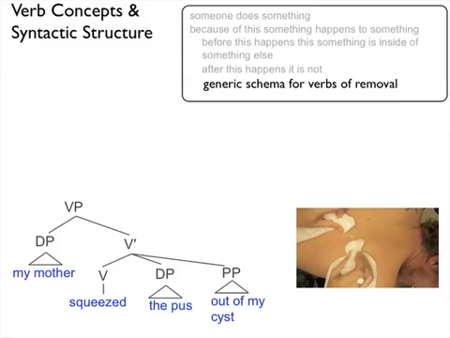So that's a very basic sort of concept that can be squished onto lots of other things. So "squeeze" is much more bleached than "milk" or "pop," right? Squeeze just means remove using pressure of some kind, typically with hands or fingers, right?